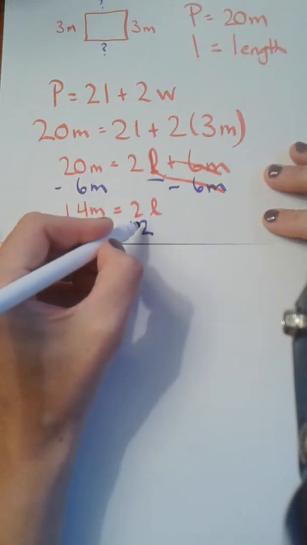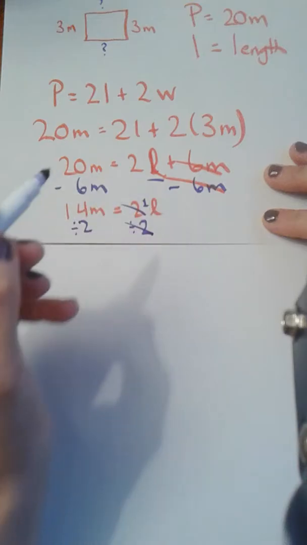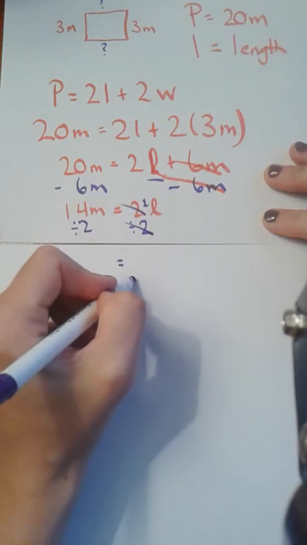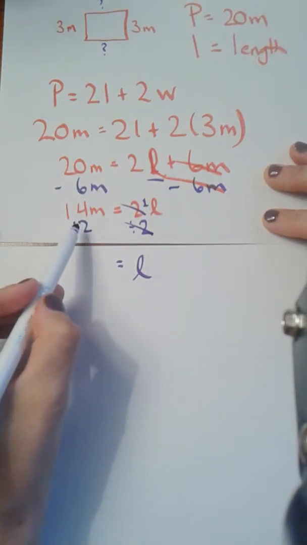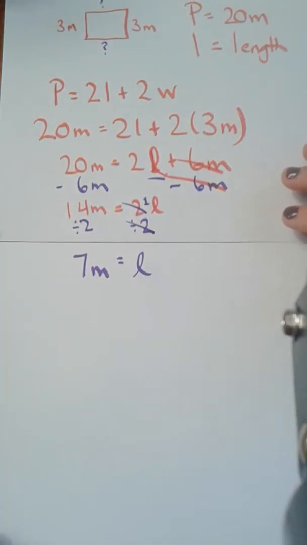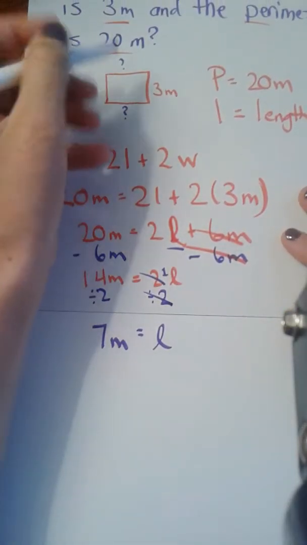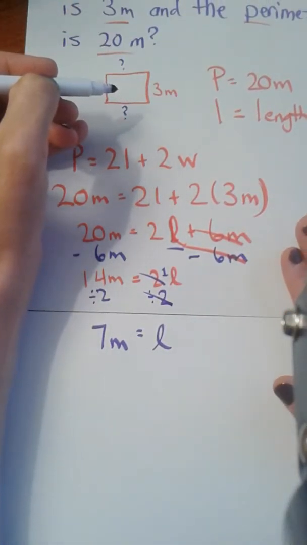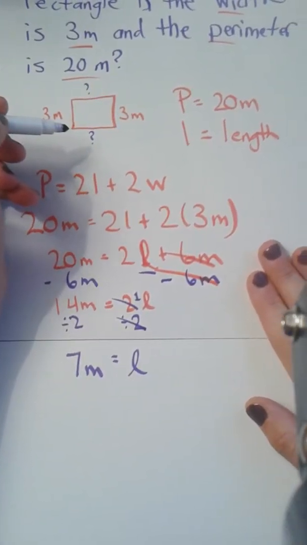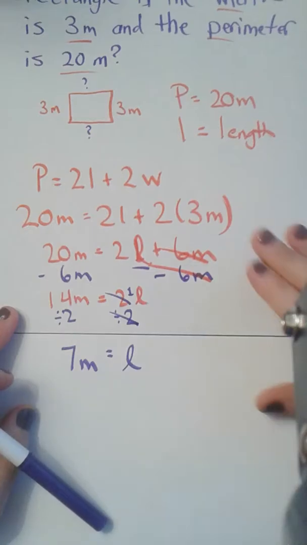I get 2 divided by 2, which is 1L, and 14 divided by 2 is 7 meters. All right, now I have found out the length, one length of this box, by using my algebra skills and my inverse operations.